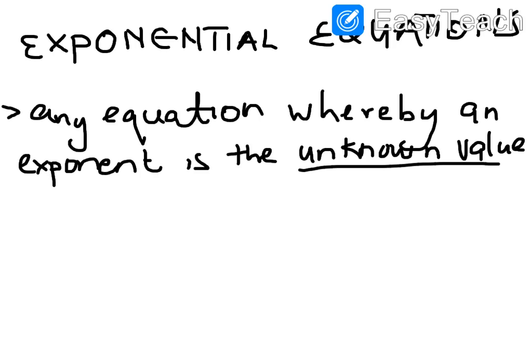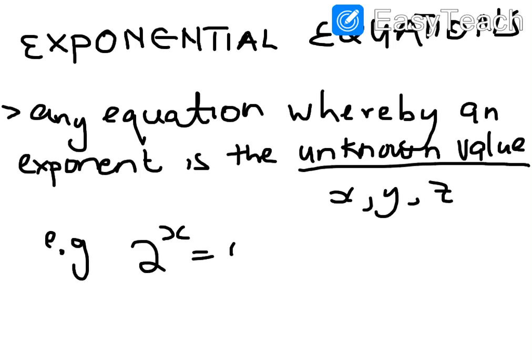When we talk about unknown value, we talk about the x, y, z, to name but some. For example, an example of an exponential equation will be 2 to the power x equals 4.